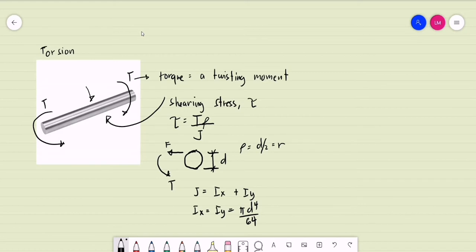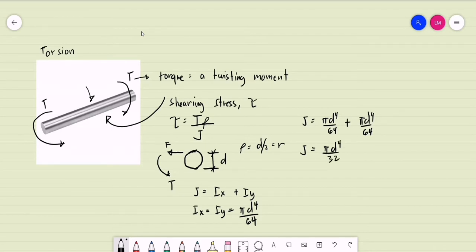So we can simplify the equivalent of the polar moment of inertia. That is basically equal to, let's say, pi d raised to 4 divided by 64 plus pi d raised to 4 divided by 64. We have the polar moment of inertia for a circular section is now equal to pi, the diameter, raised to 4 divided by 32.